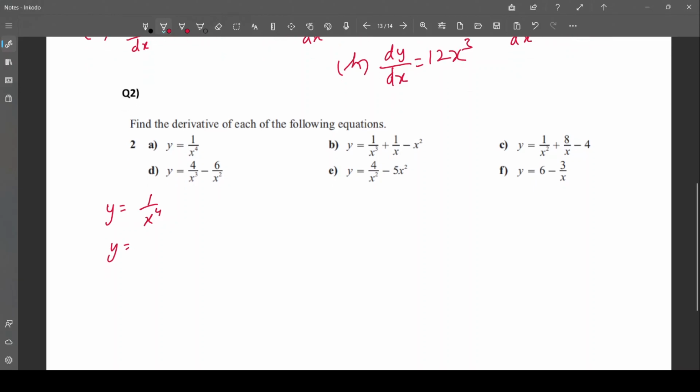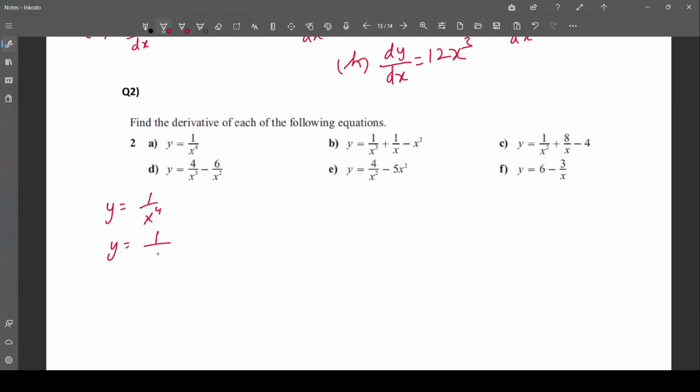So let us write the function as y equals, instead of writing 1 by, I'll be writing x to power minus 4. Why is it negative? See, if I write 1 upon x, if I want to bring this x over the top, x will come over the top, but because it changes position, it will have a negative sign on it.